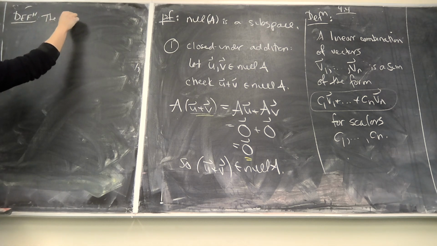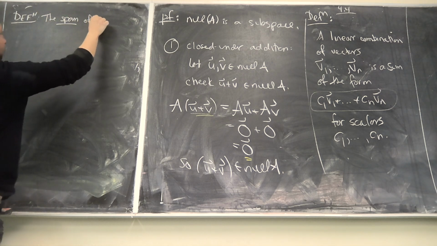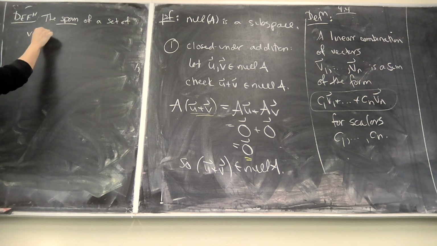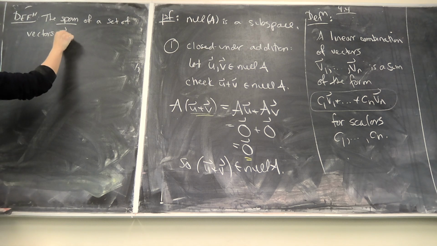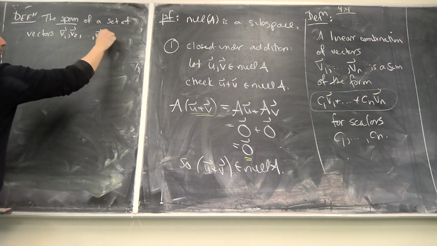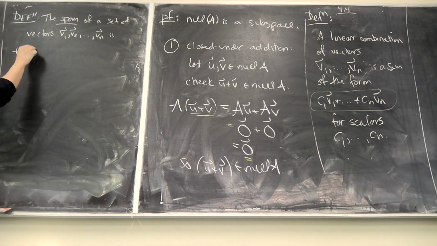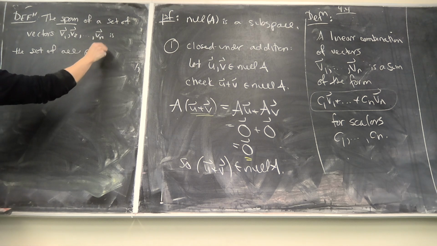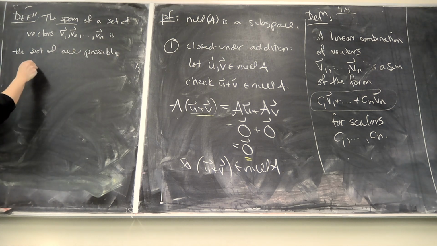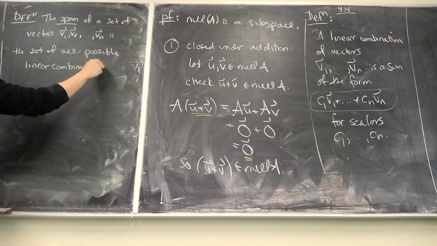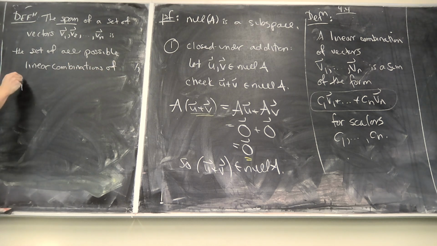The span of a set of vectors v1, v2, up to vn is the set of all possible linear combinations of v1 through vn.